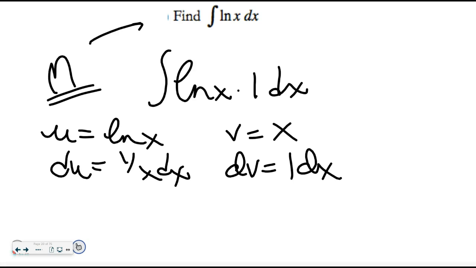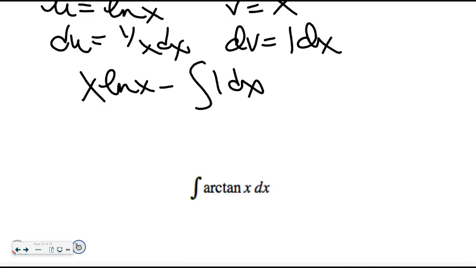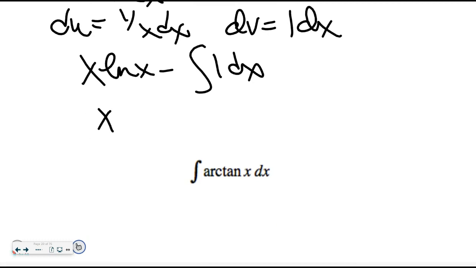Like you don't want to derive it every time. So let's go uv, x ln x minus the integral of v du, which is 1. Boy, that fell apart nicely, correct? What's the antiderivative of 1? x. x ln x minus x is the antiderivative of the natural log function.